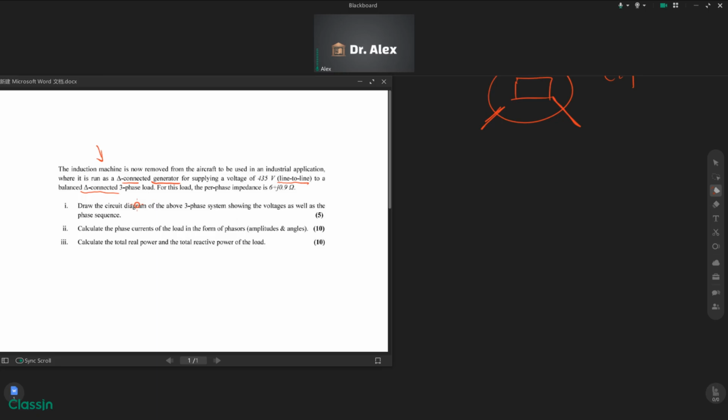So the structure is delta to delta, okay? Because basically, between the generator and the load, there are four different structures: Y to Y, Y to delta, delta to Y, and delta to delta. And another thing, don't forget it.